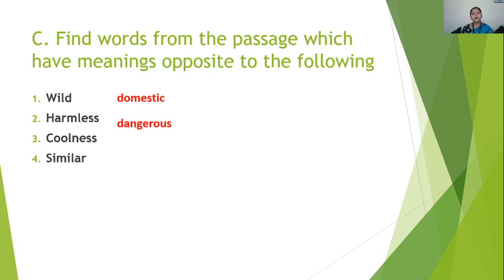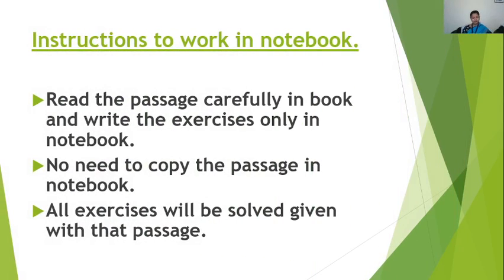Now the third word is coolness. So what is the opposite of coolness in the passage? Warmth. Okay, now the last word is similar, so that is different. Different is used in the passage, so I have used that here. So that exercise only has three. This passage has only three exercises. We have solved all three.